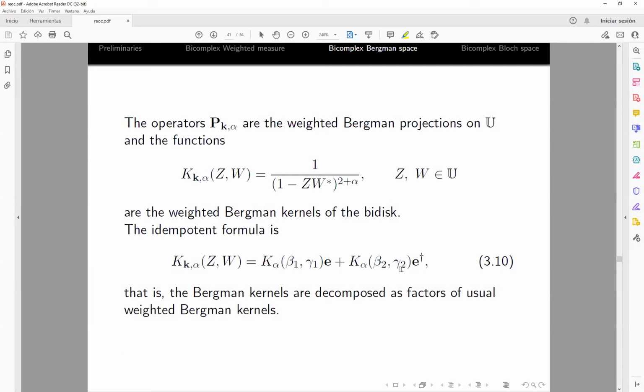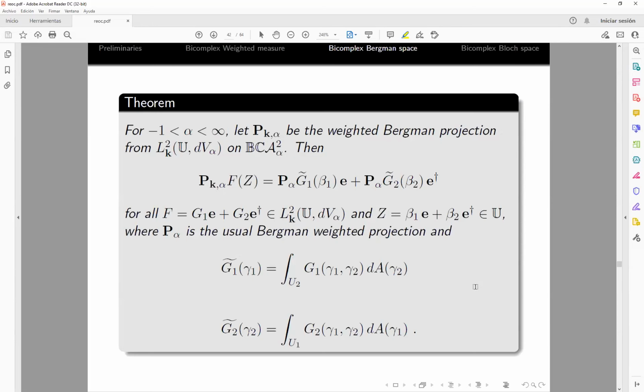okay, we have the Bergman projection, and maybe the Bergman projection factorizes in two Bergman projections. Now we have this. We consider the weighted Bergman projection from L2 to the bicomplex Bergman space.